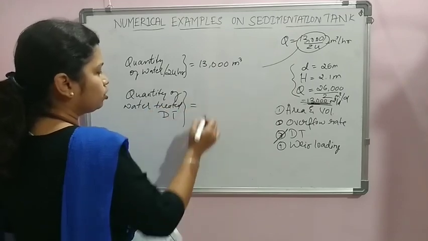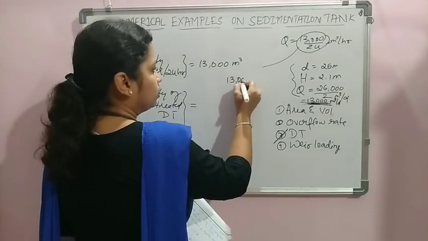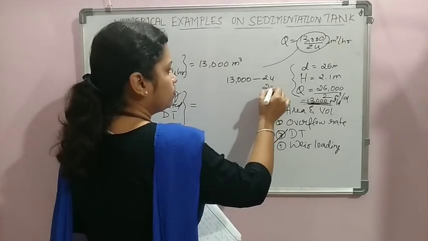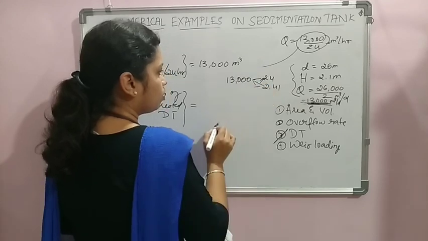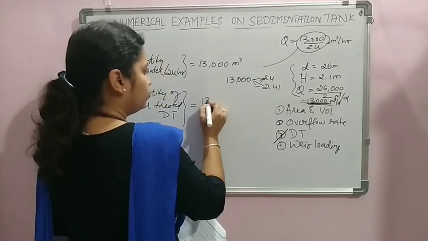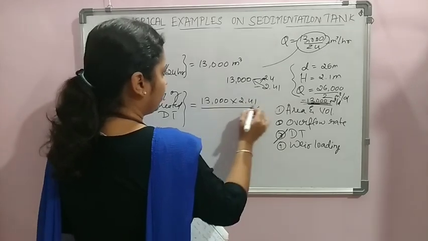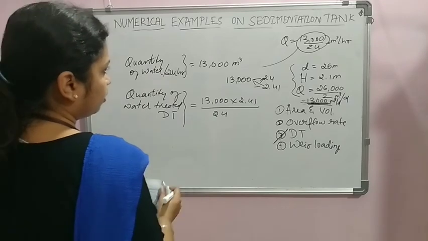For calculation of that, as we did in our previous classes, if 13,000 is the amount that we are going to treat in 24 hours, what is it for 2.41 hours? To do that, we are just going to cross multiply. By that we have 13,000 into 2.41 divided by 24, that is the 24 hours.